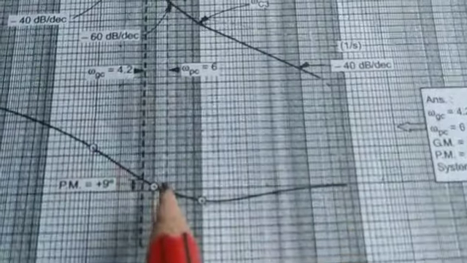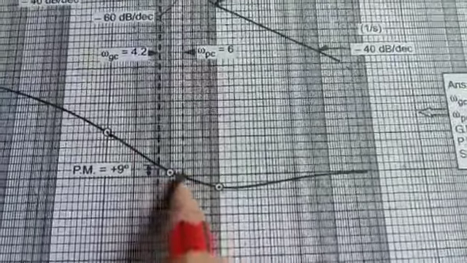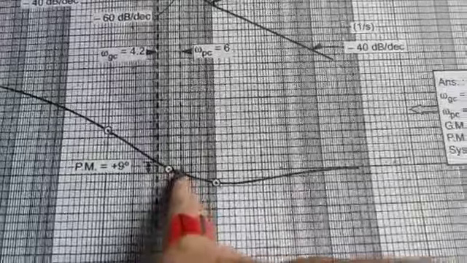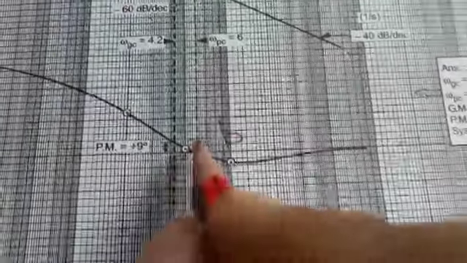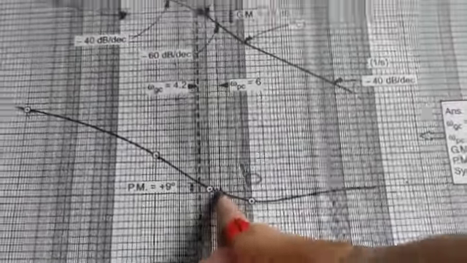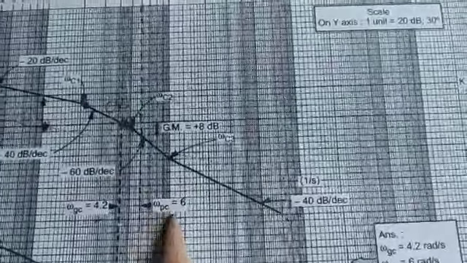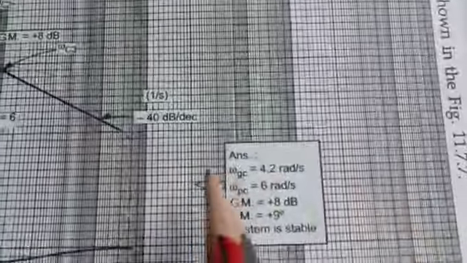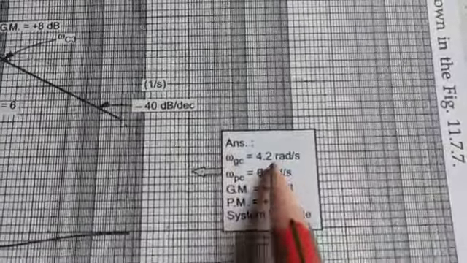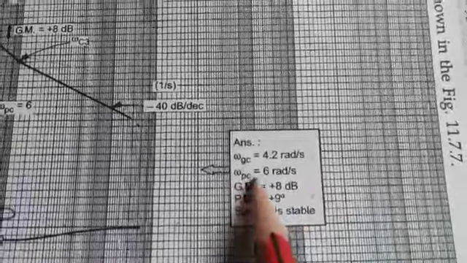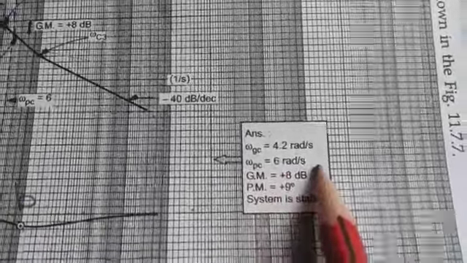It is intersecting the phase angle line and the 180 degree line. We call this B. Mark a straight line, and you will get 6. That we call omega PC is equal to 6. You can see omega GC is equal to 4.2 radians per second. Omega PC is equal to 6 radians per second.